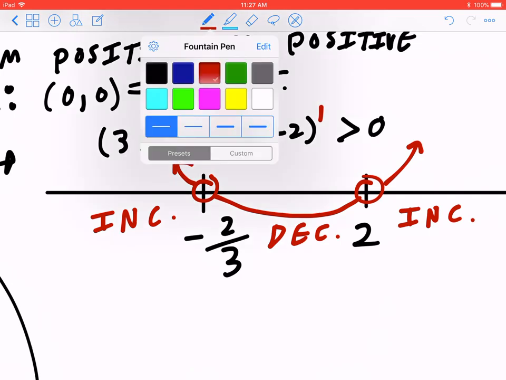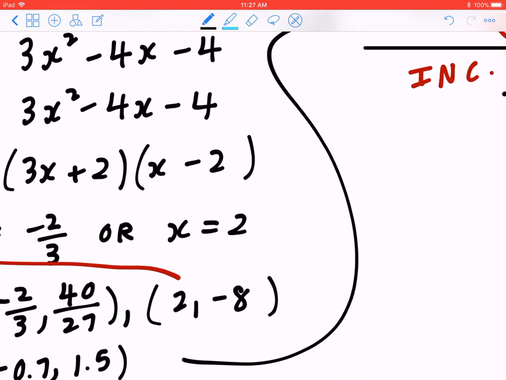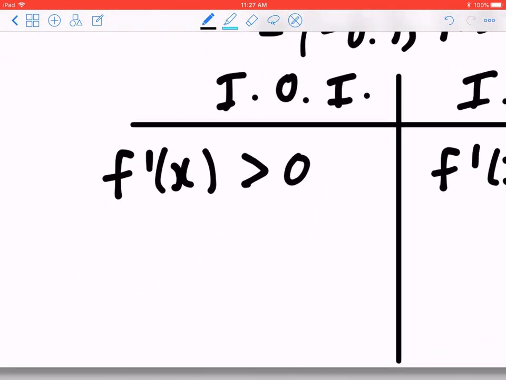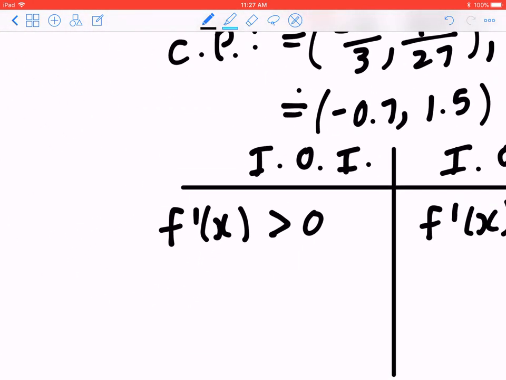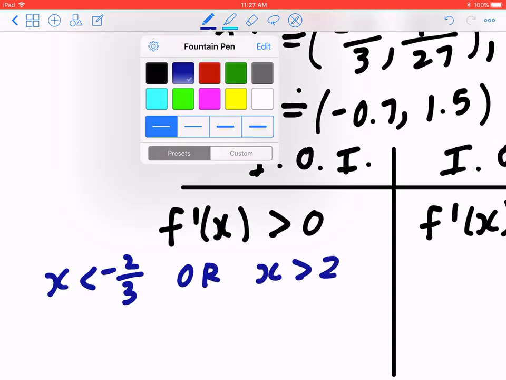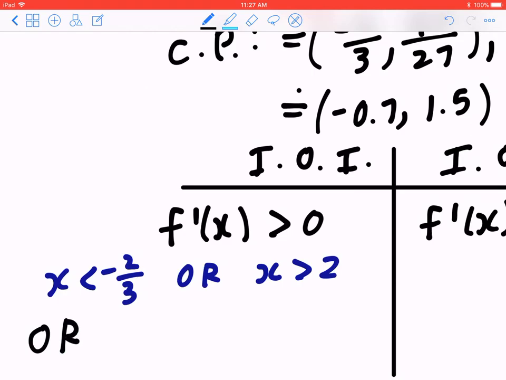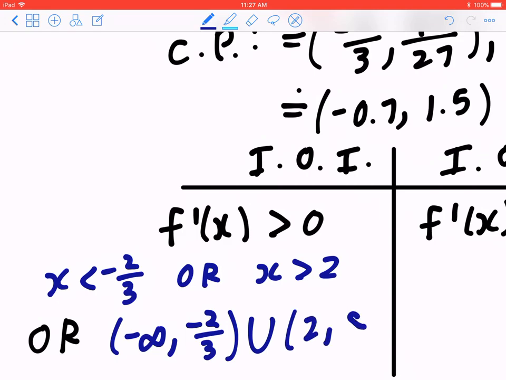So if I write this down, this means the interval of increase occurs when, and there are two ways of writing this, when x is less than negative 2 over 3, or when x is greater than 2. The second expression is interval notation: between negative infinity and negative 2 over 3, union, which means or, between 2 and positive infinity.